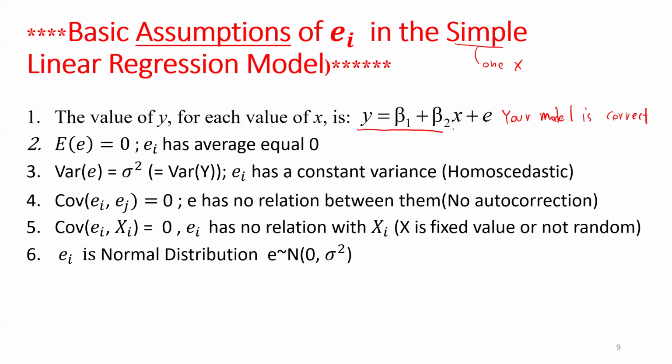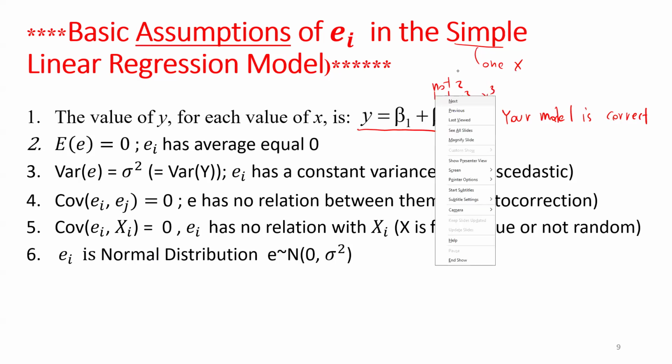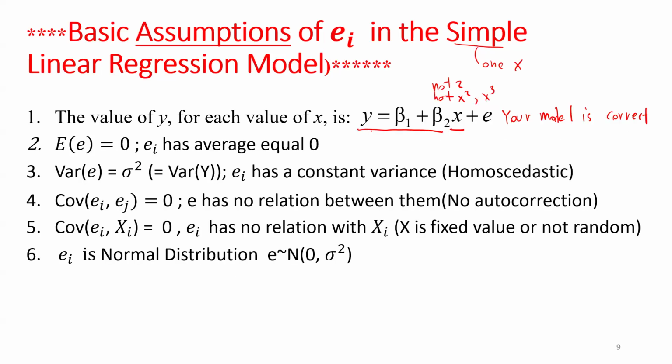Y only depends on x, not z, not x square, x cube. Your selected model y equals beta 1 plus beta 2 x is the correct model. Assume, because this is an assumption.